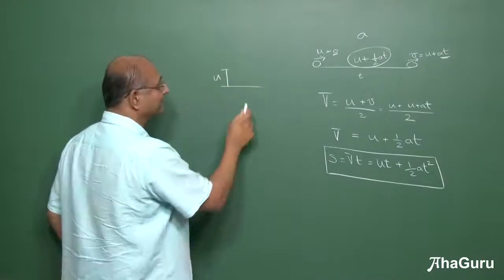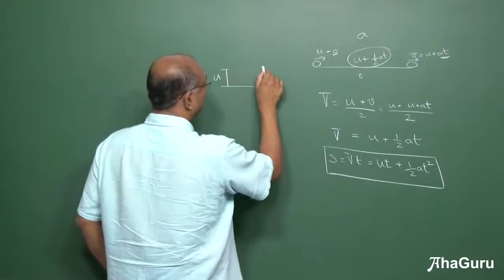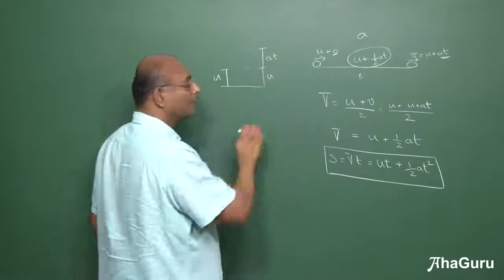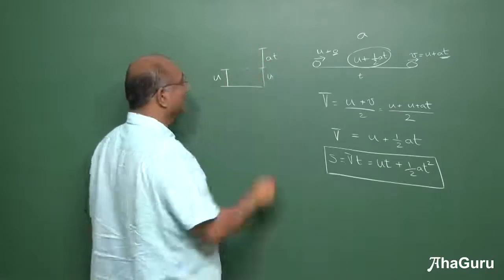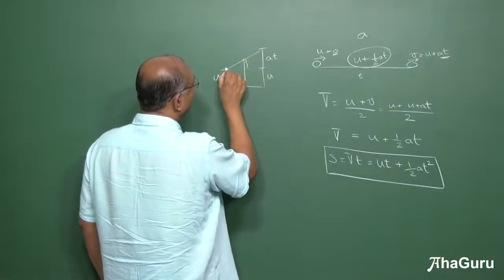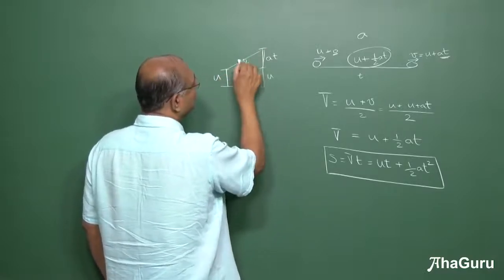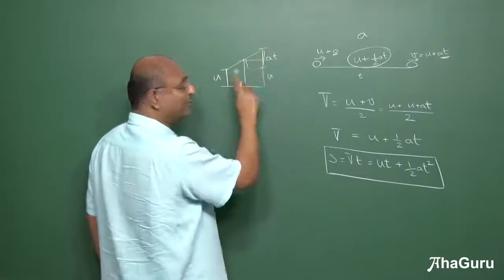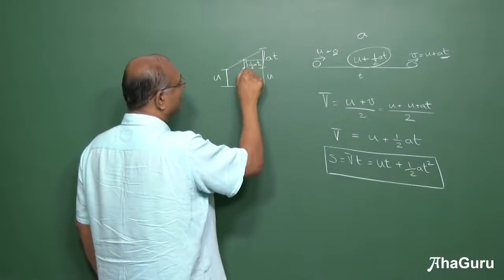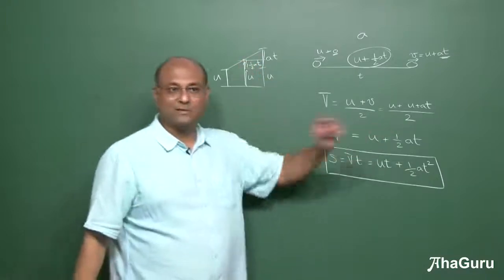Later when we come to graphs we will see. In the end you had extra at, u plus at. And your average was not this much, not that much, but halfway. So half of at, u plus half at. So that is the average velocity.